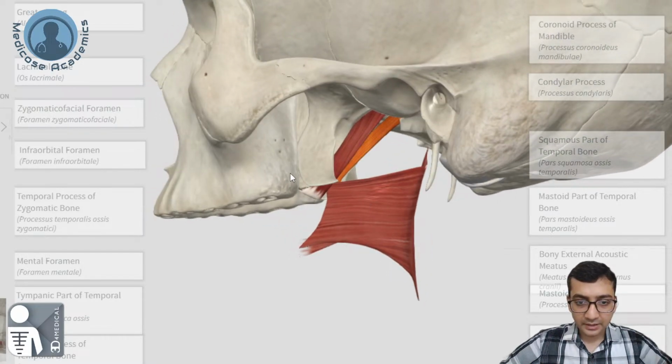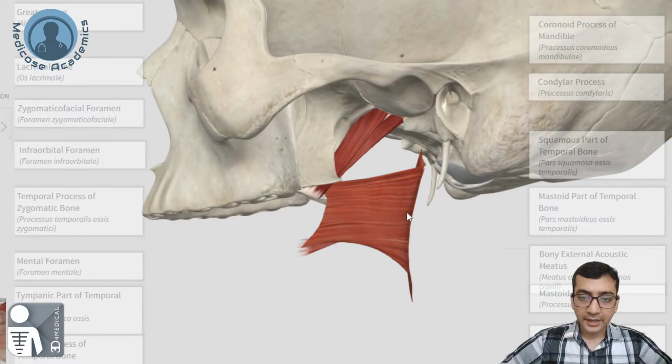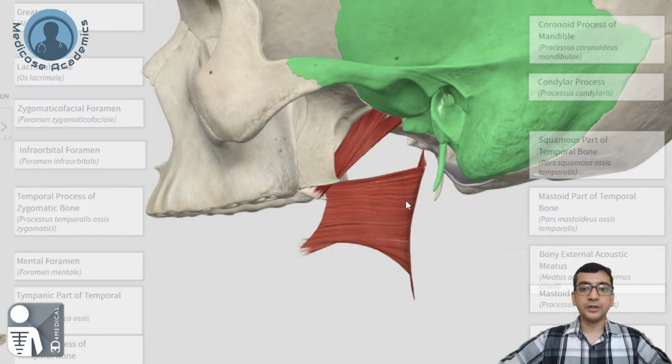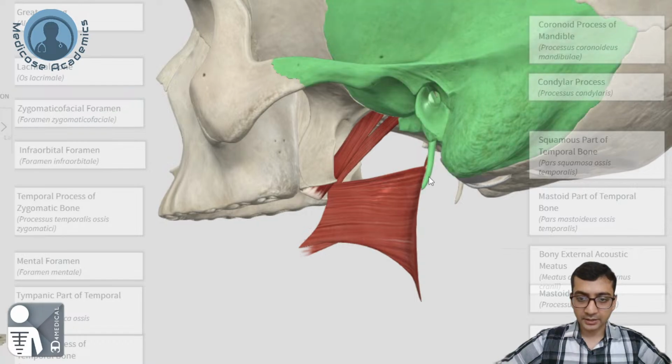We saw the maxilla, the lateral pterygoid plate, the pyramidal process, the two muscles going to the palate, tensor and levator veli palatini, and the superior constrictor, and it ends back at the level of the styloid process. So this brings us to the posterior end. The styloid process is the posterior end.